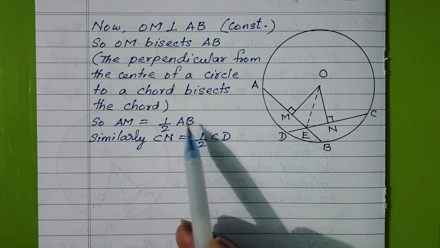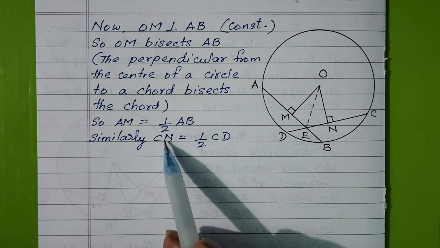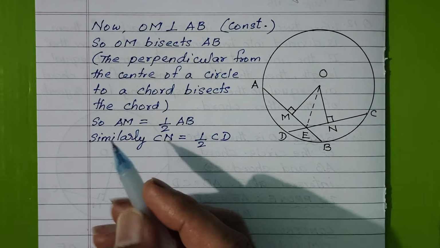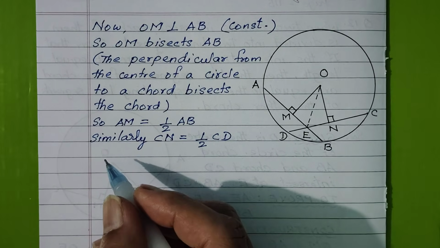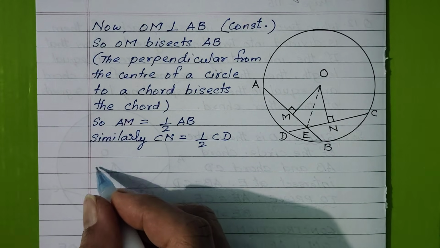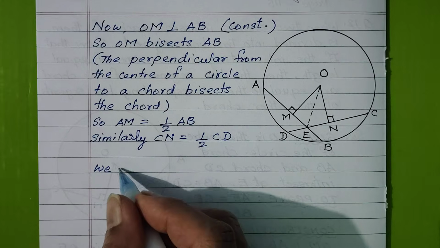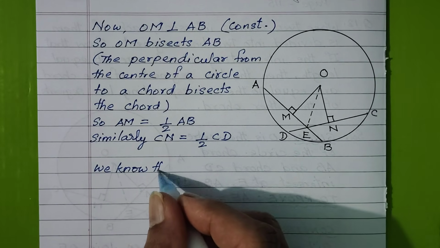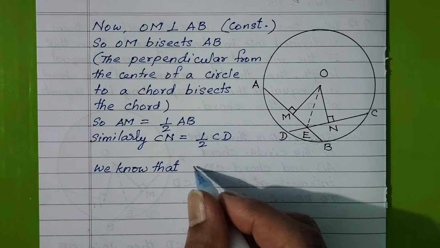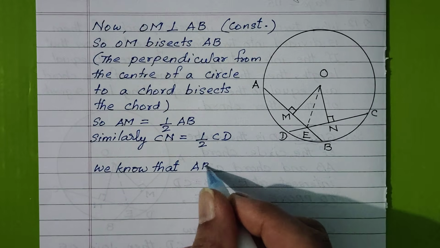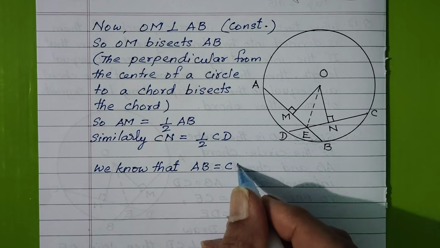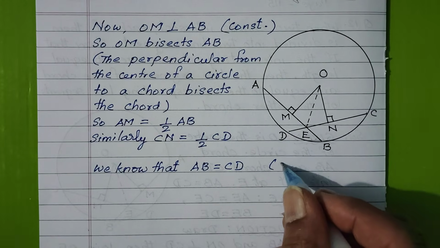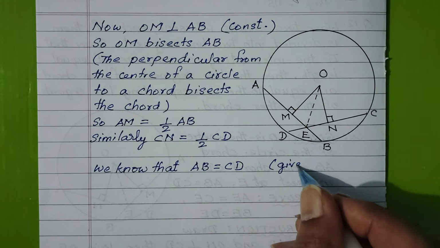AM is half of AB, CN is half of CD. We know that AB equal to CD. Given.